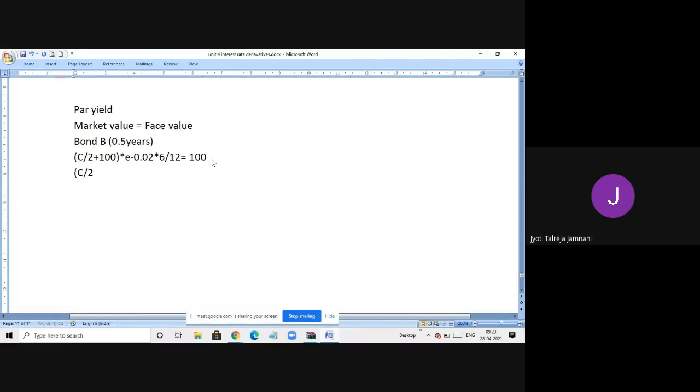C by 2 plus 100 into e raised to minus 0.02 into 6 by 12. If you solve that, you will get 0.99. Just check, one of you.